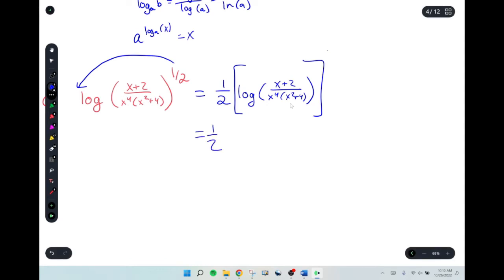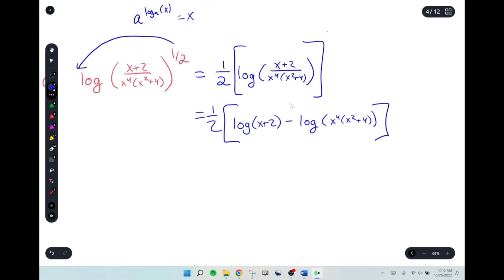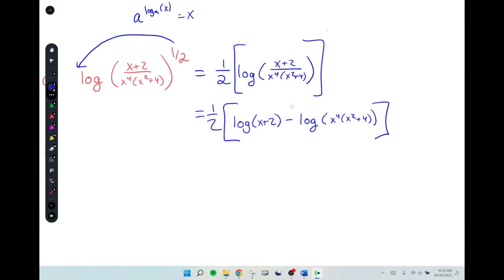All right, so this better equal 1/2 of log of x plus 2 minus, ooh, we're going to have to be careful, log of x squared plus 4. Yeah? Okay. There's one more. Multiplication turns into addition. This red multiplication better turn into addition.